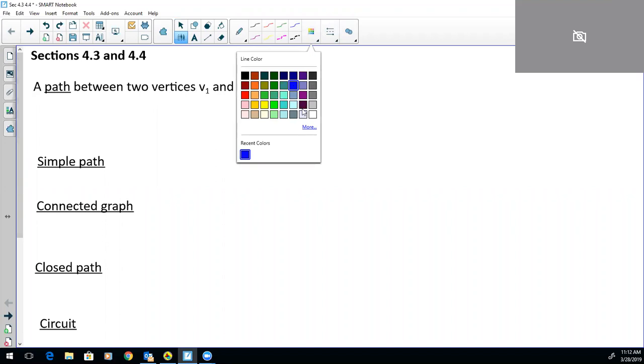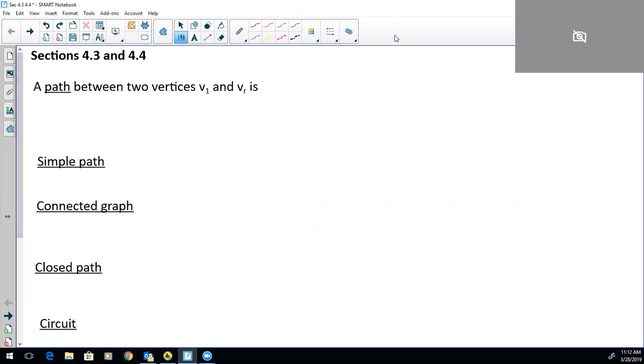A path between two vertices, it's a finite sequence of edges and vertices, a finite sequence of edges and vertices of the form.